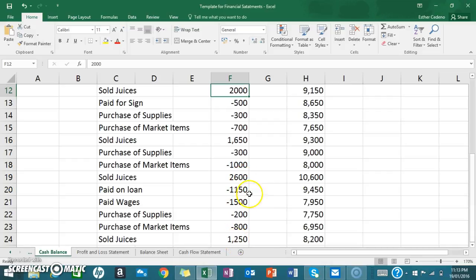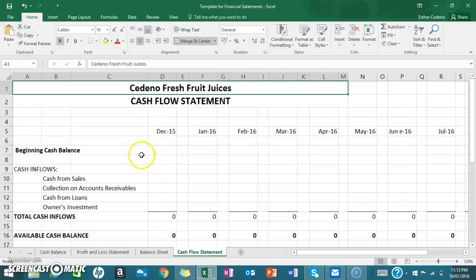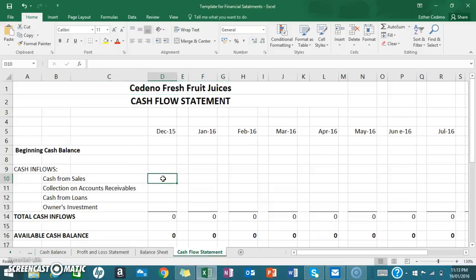And then finally the 1250. Okay, so that adds up to a total amount of sales from cash of 9,300. They did not get any cash from a loan, but they did get cash from the owner, which was 10,000.